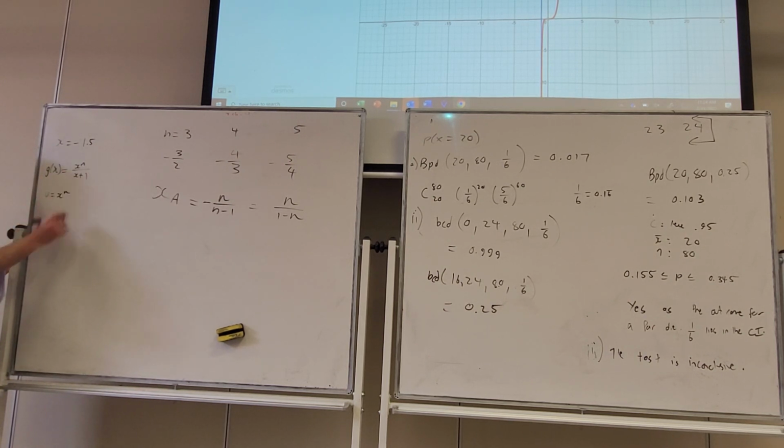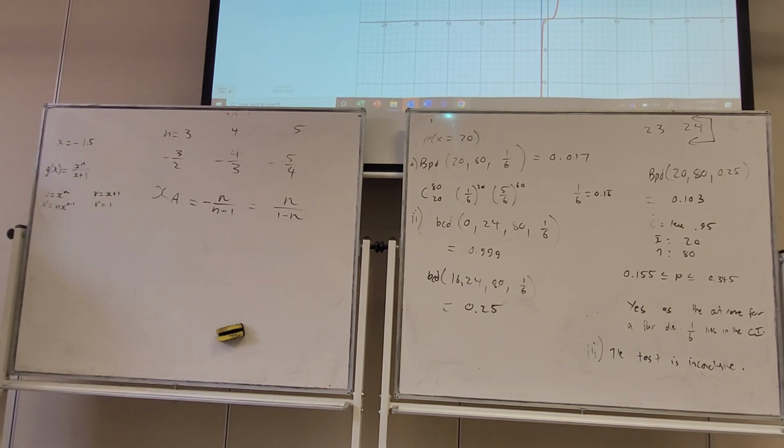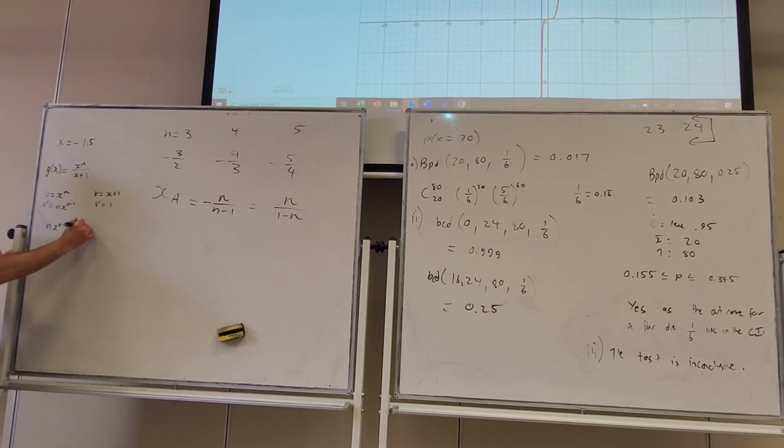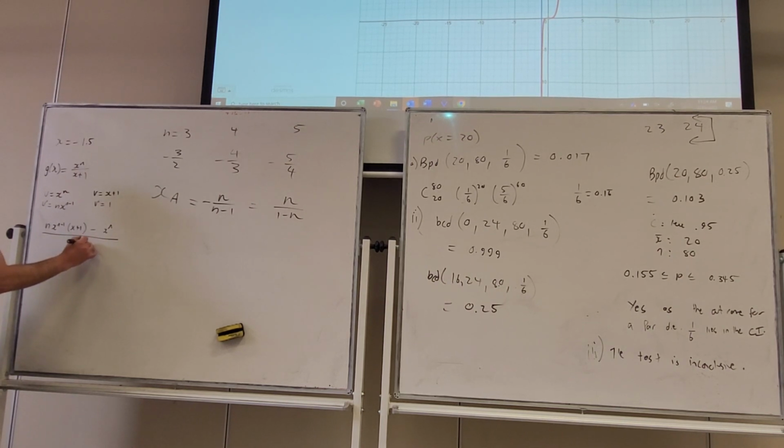We've got u is x to the n, u dash is n x to the n take 1. On top of, and bottom of, x plus 1 all squared. So that's g dash of x.